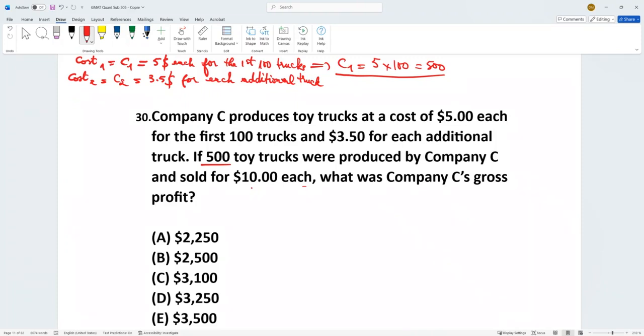So we have the profit. This is the formula: profit is equal to revenue minus total cost.